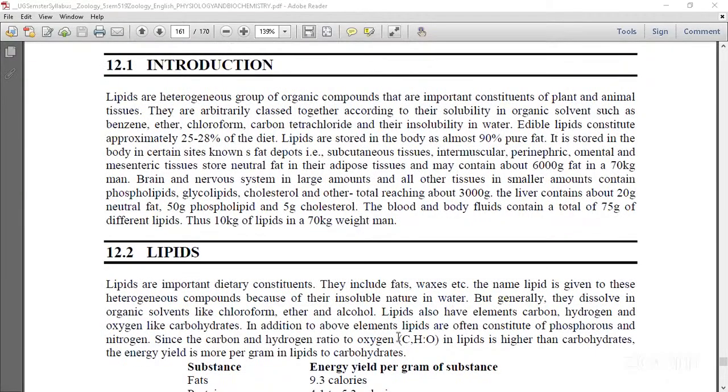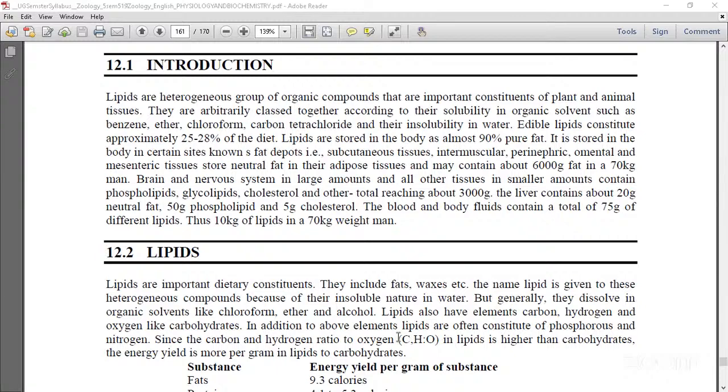The name lipid is given to these heterogeneous compounds because of their insolubility in water. But generally, they dissolve in organic solvents like chloroform, carbon tetrachloride, ether, and alcohol.